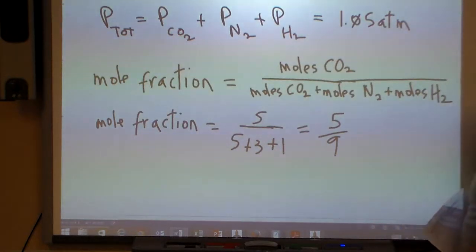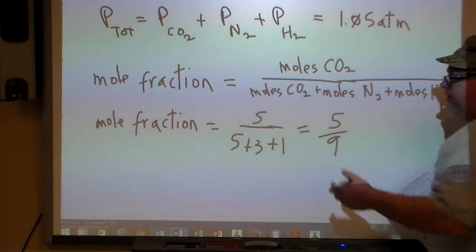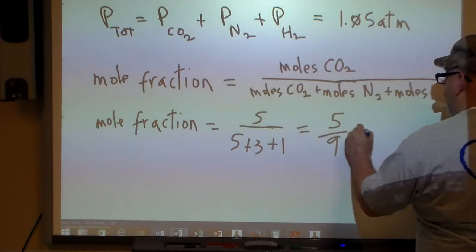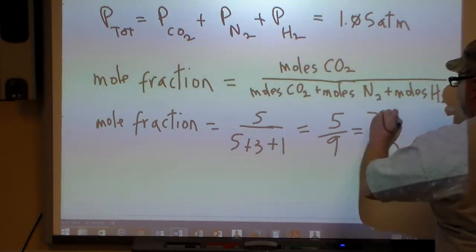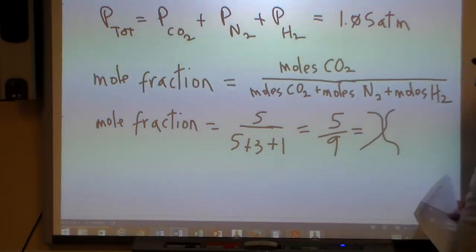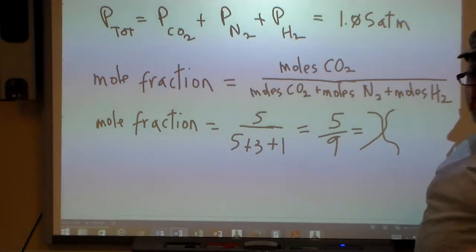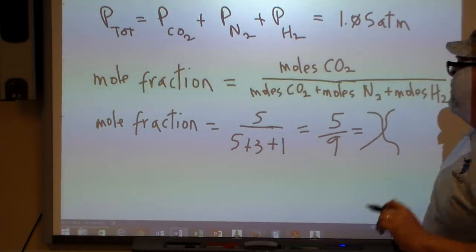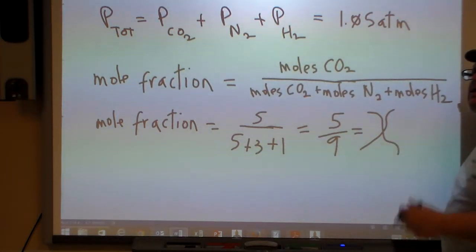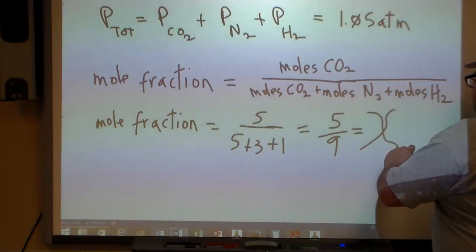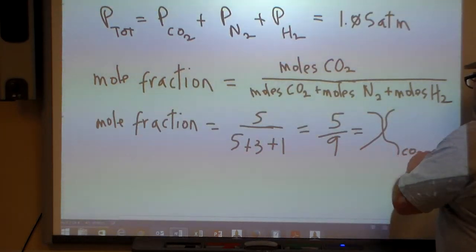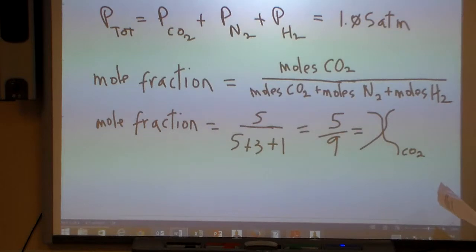That's our mole fraction for carbon dioxide. Now, they represent the mole fraction with this funny looking X symbol. Sort of looks like chi if you're in AP biology. I'm hearing the groans, okay? But it's not chi, all right? So we're going to look at the mole fraction of the CO2.